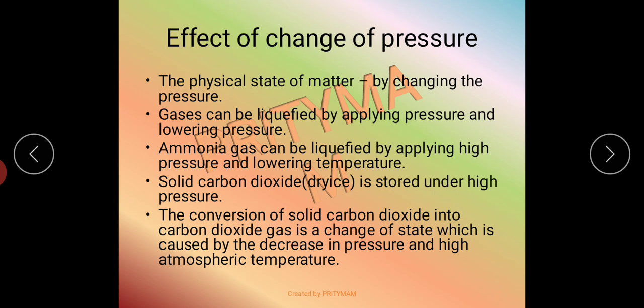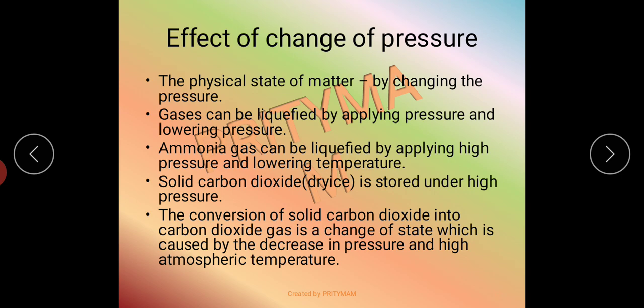Ammonia gas can be liquefied by compression and cooling. Students, oxygen gas can also be liquefied by applying high pressure and lowering the temperature, means by cooling. And liquid oxygen, which is prepared by this method, is blue in color.